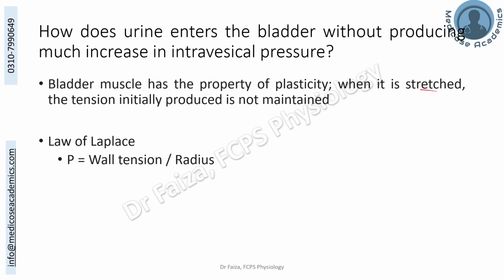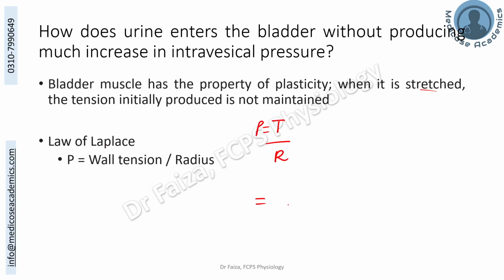And how does the law of Laplace explain this? If you recall from your knowledge of maybe cardiovascular or respiratory physiology, the law of Laplace says that pressure is equal to wall tension divided by radius.